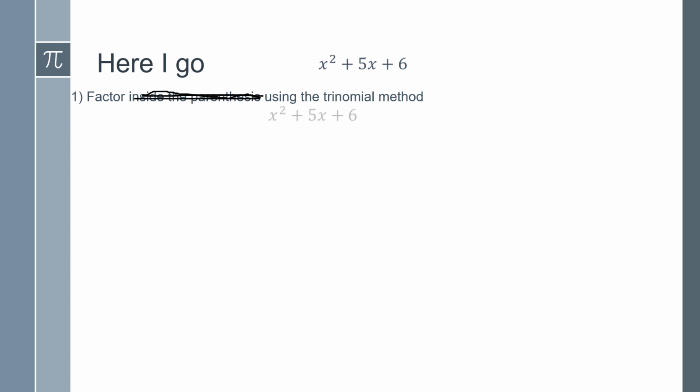And when we factor, we realize that 3 times 2 gives me 6, and 3 plus 2 gives me 5.